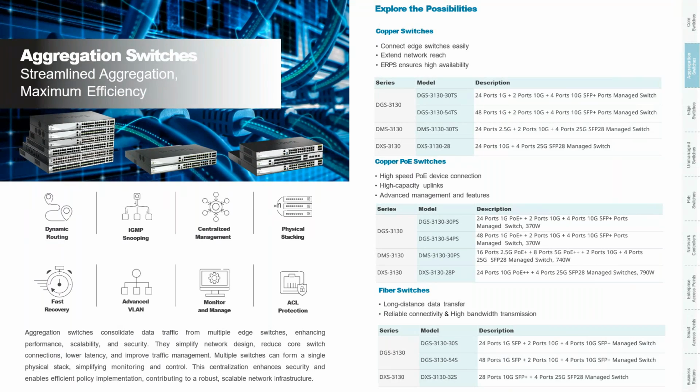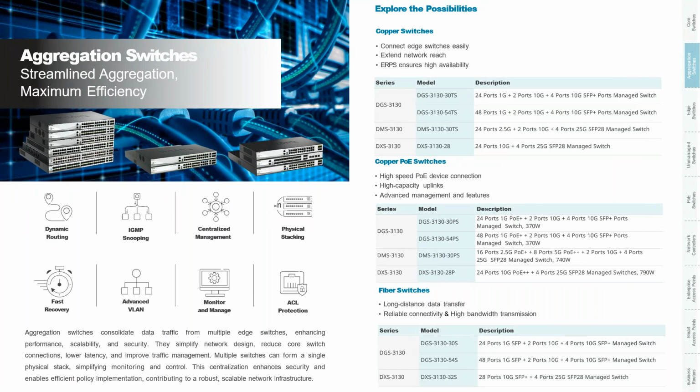The great thing about aggregation switches is that they immensely increase the number of ports and connections you have. These are very high density switches that allow you to aggregate your network, so when it goes to the edge, you can bring so much power and so many more ports, while staying in control of your network.